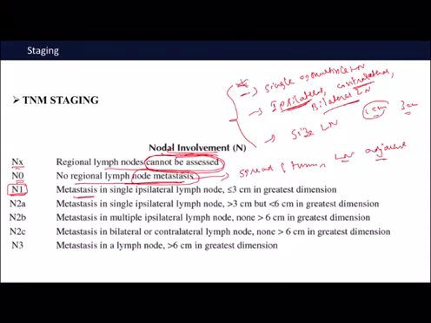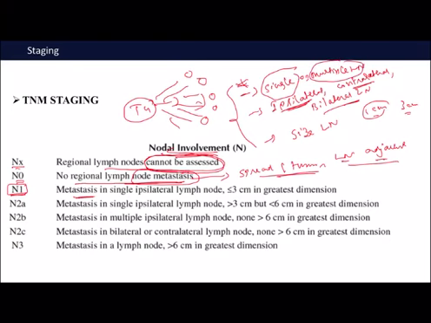Now when metastasis starts occurring, if the tumor size is more than 2 to 4, it starts involving the adjacent structures. When it starts involving the adjacent structures, it starts involving the lymph nodes, and when the lymph nodes are involved, it starts moving towards the adjacent parts, and that's what we call spread of your tumor, right? So N1. Now we need to understand whether a single lymph node or multiple lymph nodes are involved.